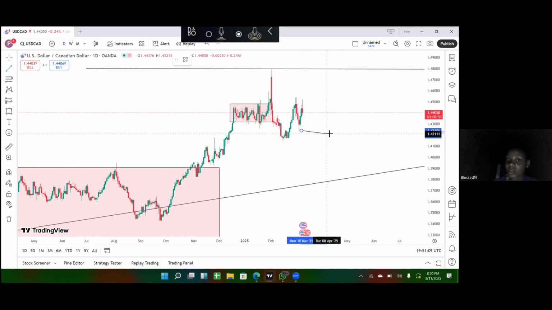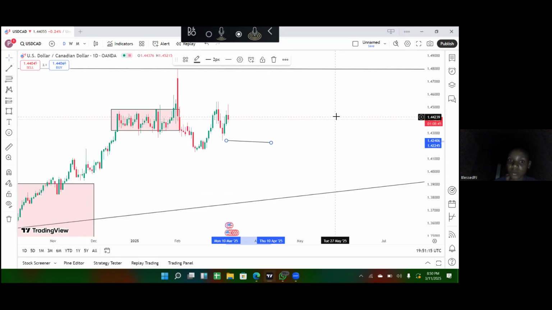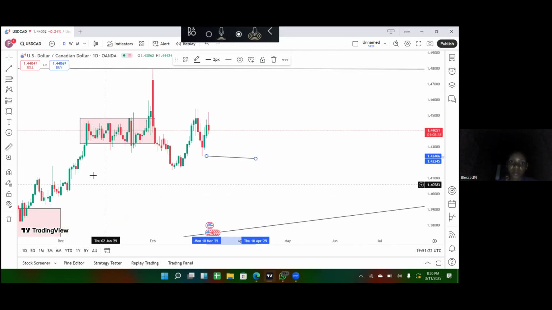Then zoom this in more. What can you see now? What can you see?